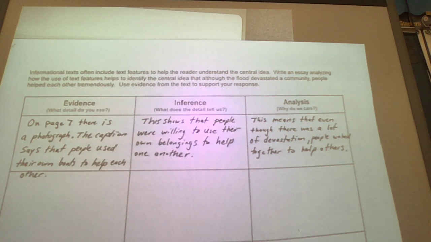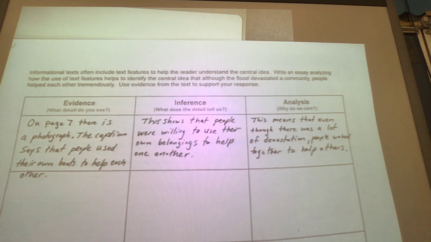All right, so when we think about a nonfiction text such as this, we want to think about the elements that go along with nonfiction. Perhaps you see this, maybe you don't, but text features and central idea are going to be the two elements that we're going to focus on.